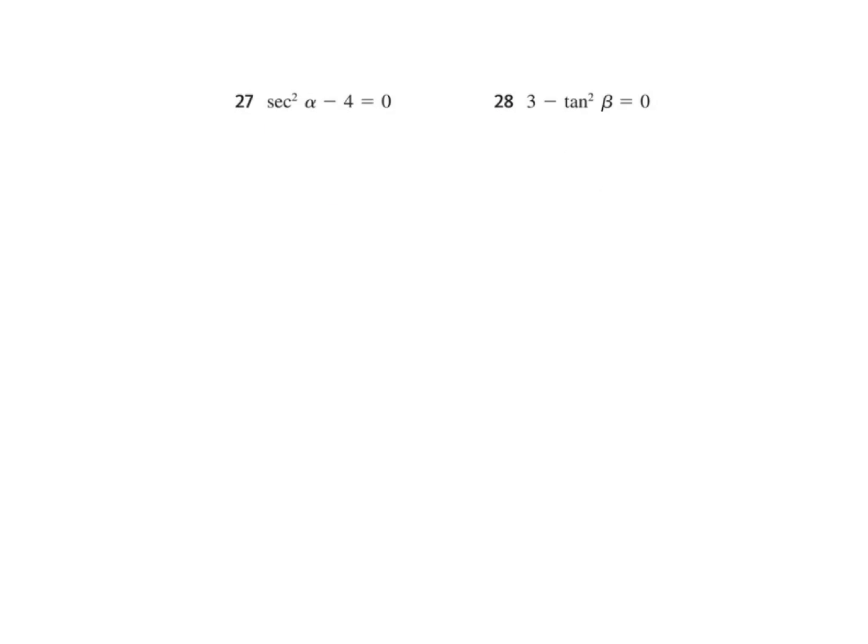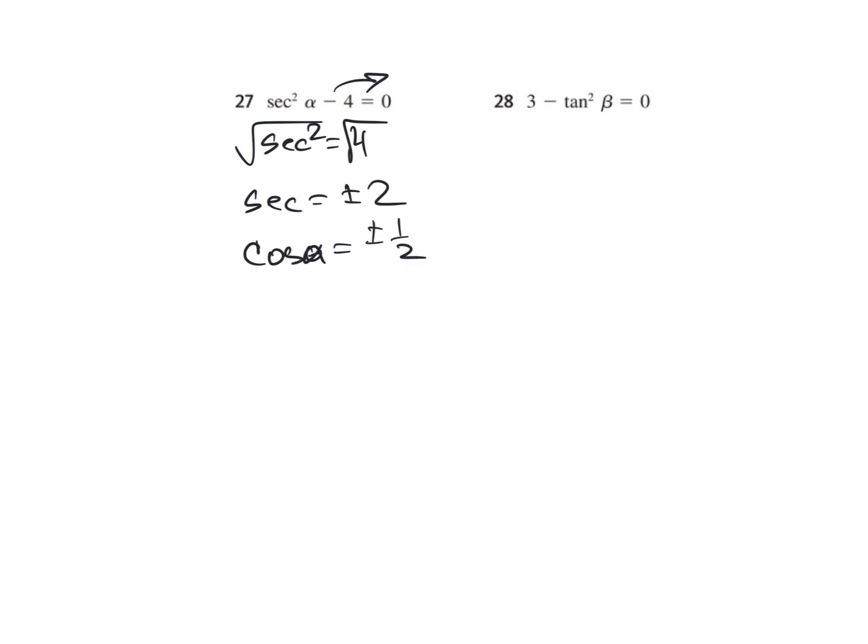All right, secant squared, add 4. So the secant squared equals 4. Take the square root, and you get the secant equal to plus or minus 2. Or cosine of theta, or alpha, whatever it is equal to plus or minus 1/2. Okay, so now, where's x positive 1/2?